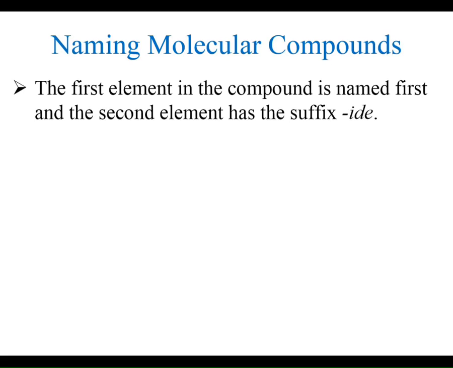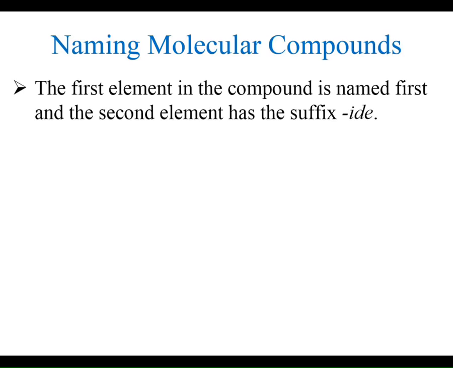So if all the elements come from that top right quadrant, then it must be a molecular compound. Remember that now? So if all the elements in there are nonmetals and there's no polyatomics, there's no metals, then it has to be a molecular compound. So if it's like CO2, carbon and oxygen are both nonmetals, right? Or I don't know, or ClF3, chlorine and fluorine are both nonmetals. Those are going to be molecular compounds.